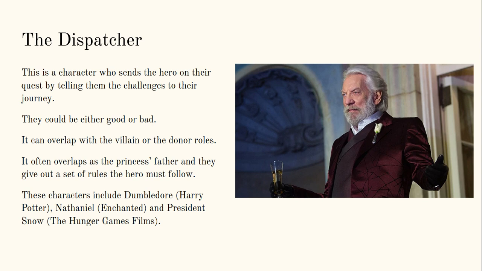And it often overlaps with the princess's father, and they give out a set of rules the hero must follow, or sometimes they do not do that because some dispatcher characters can be a bit two-faced. They could be hiding a part of the truth, like I was saying before.